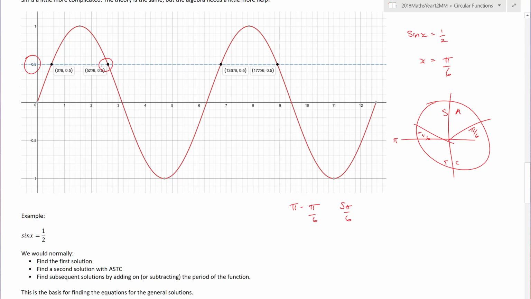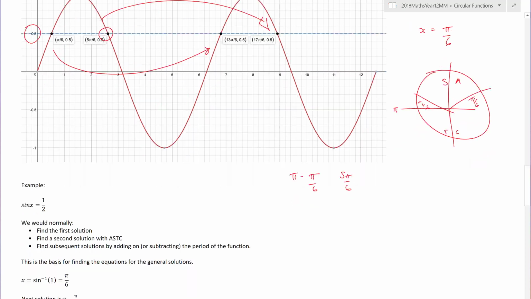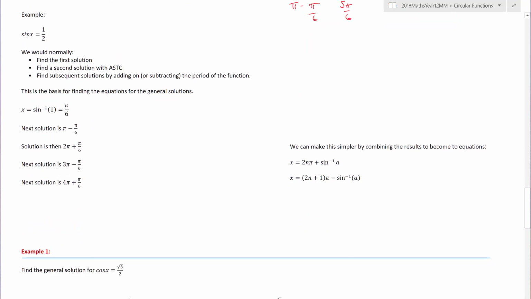How would I get to subsequent solutions? I'd keep adding on 2 pi. Right, so going back to the maths, and we don't need the example here. We know my first solution was pi on 6, and my next solution was pi minus pi on 6. Then I would take this and add 2 pi to give me 2 pi plus pi on 6. And I would take this and I would add 2 pi on to give me 3 pi minus pi on 6.